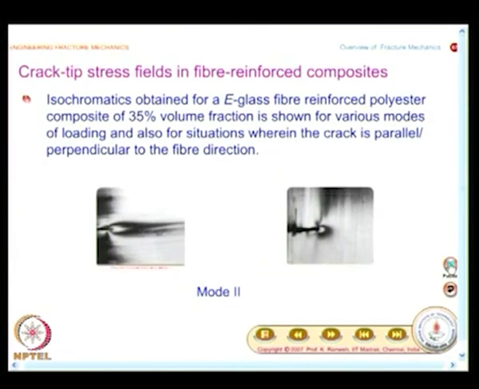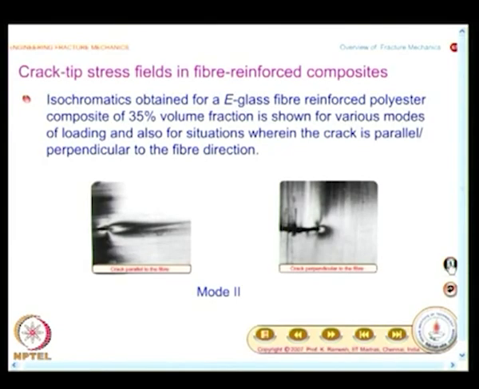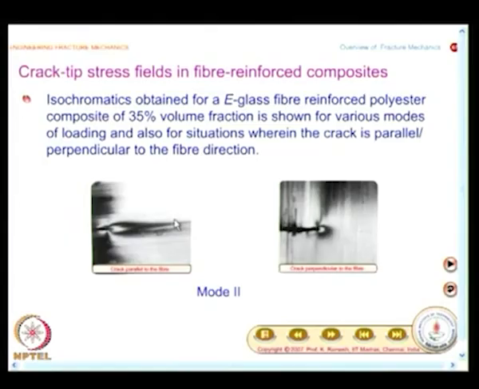This is done for mode 2 also, and you have this as perpendicular to the fiber, this is parallel to the fiber, you have the fringes, and in fact you could estimate the stress intensity factor by processing the fringe data. So, this is obtained for mode 1, mode 2, as well as a combination of mode 1 and mode 2.